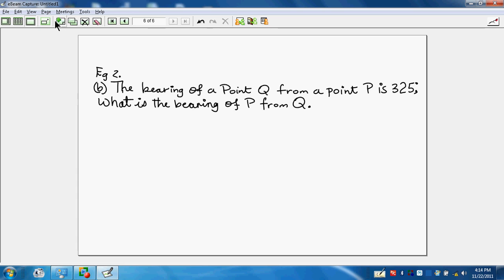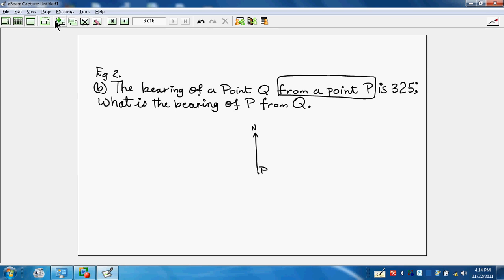Okay, so we're looking at the bearing of a point Q from a point P is 325. Because I said from a point P in the first part, that is where I will start from. So I come here and I say, well, listen, this will be point P. And I draw my north position, as always with bearings.